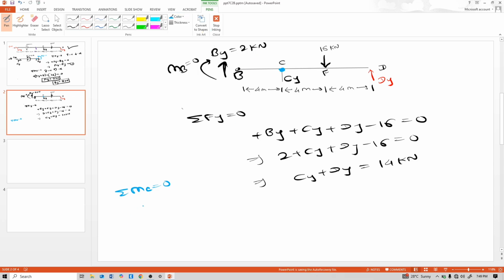For that point C, clockwise is positive, 2 into 4. This 16 is also clockwise, so positive 16 into 4. This DY is anti-clockwise, so minus DY into 8.